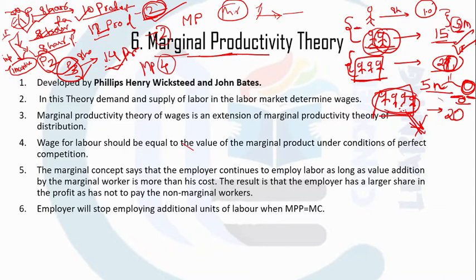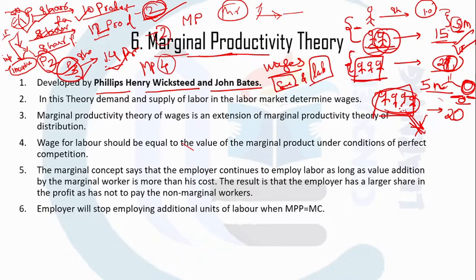The marginal productivity theory was given by Philip Henry Wicksteed and John Bates Clark. In this theory, the wages are determined by the supply and demand of labor. So what is the supply available, and what is the demand for the product in the market?